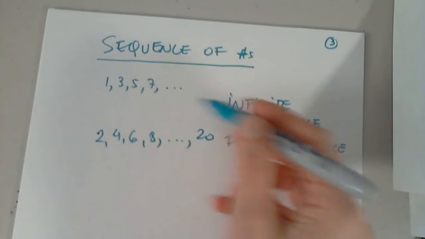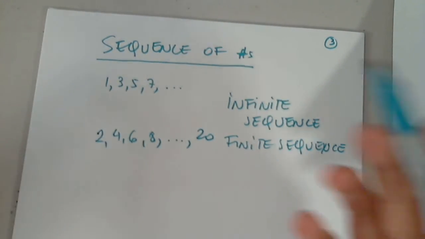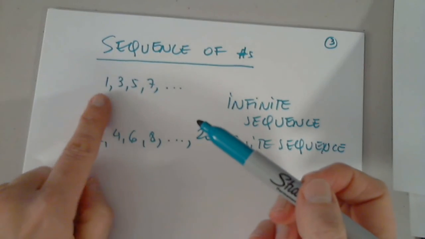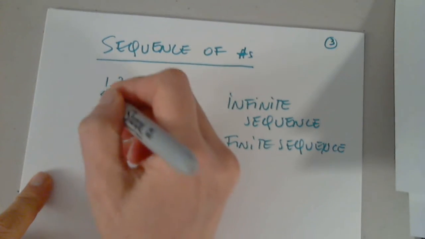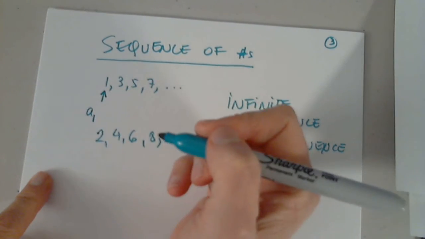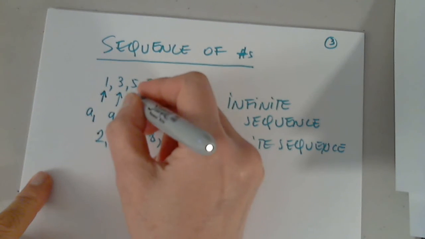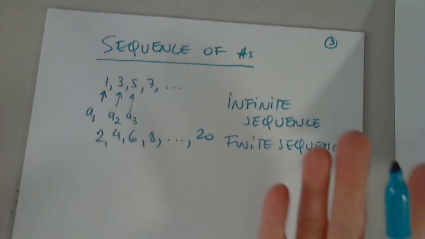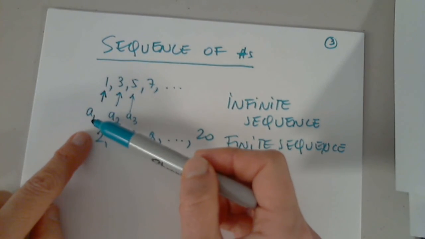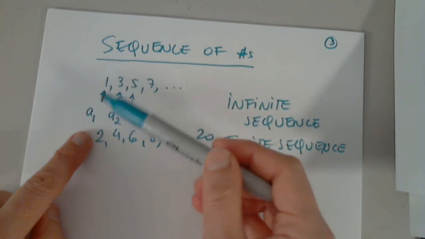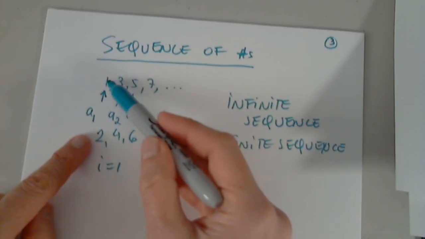Now, obviously, I created these two sequences. I can create them arbitrarily, but I created this one with only odd numbers. So if I denote the first term by a sub 1, and the next term by a sub 2, and so on by a sub 3, you realize that I created a function. So when the index i equals 1, I get 1.